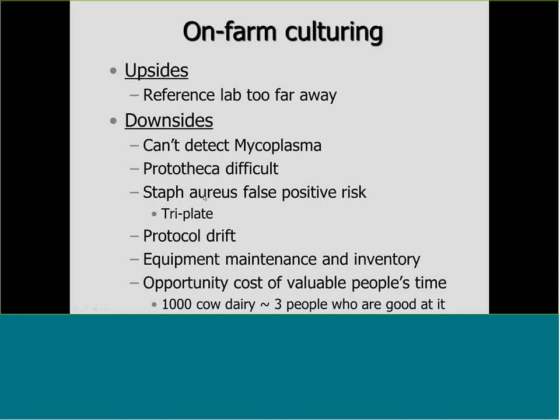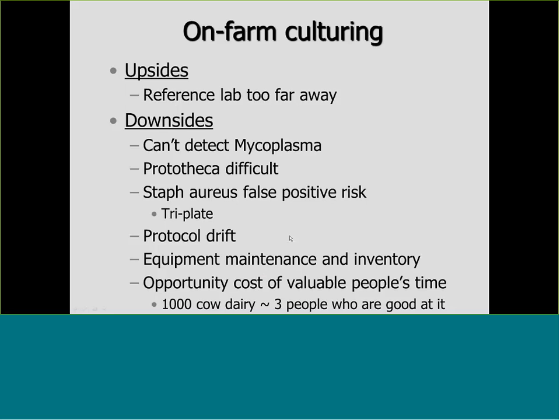As I mentioned, Staph aureus has a false positive risk, probably about 15 to 20%, so you want to make sure you get those confirmed. Protocol drift: as we know on the dairies, any protocol we put in place has opportunity for drifting. You've got to maintain a little bit of equipment and inventory to do this. And then there's the opportunity cost of valuable people's time.